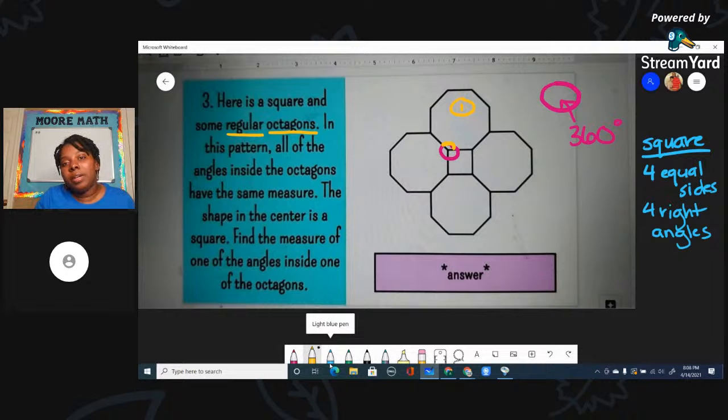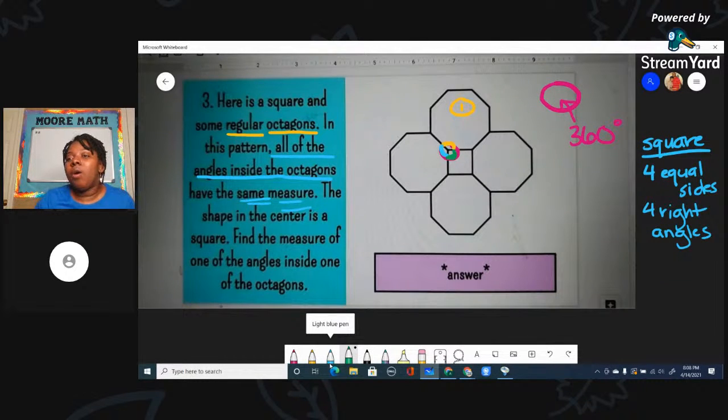So here's the angle inside this first octagon. Here's another angle, right? And we know that these two are equal because they told us that all of the angles inside the octagons have the same measure. So these two are equal. All right. And then we have this angle inside of the square.